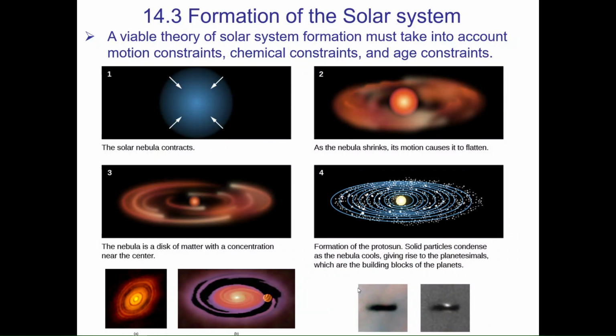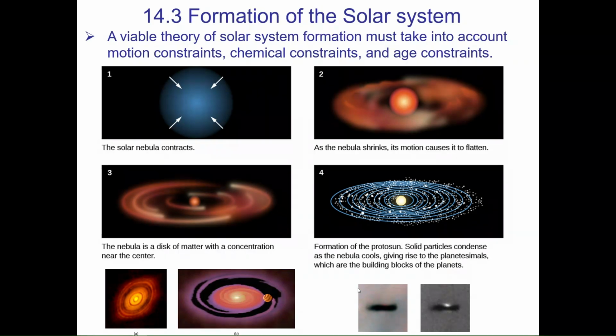Any theory of solar system formation must take into account what we call the three constraints. That means it must be able to explain the motion, the chemical composition, and the age of the solar system we currently live in.